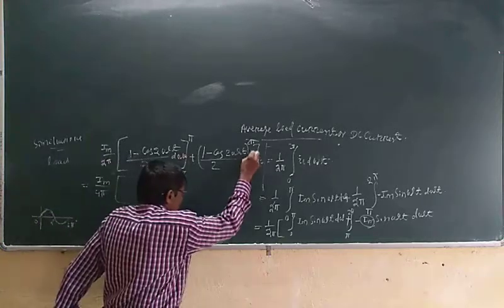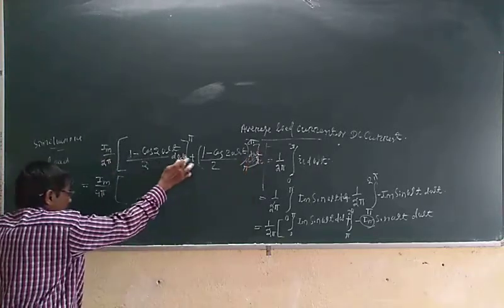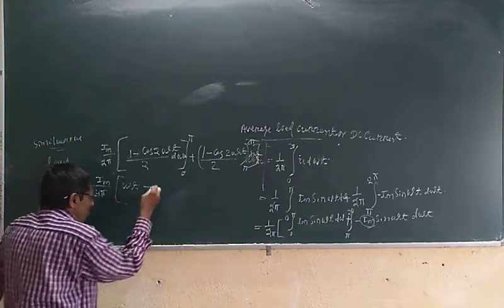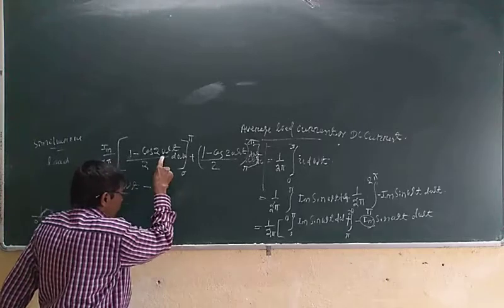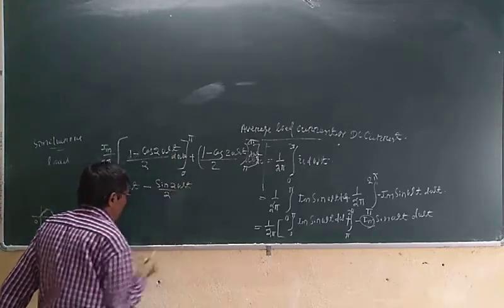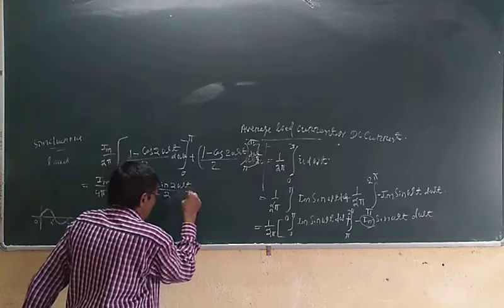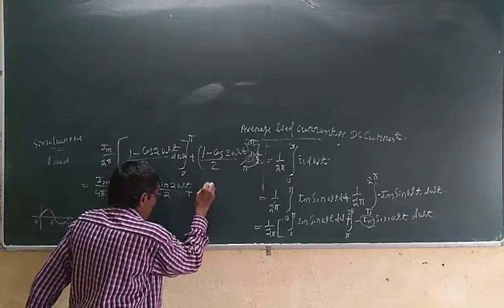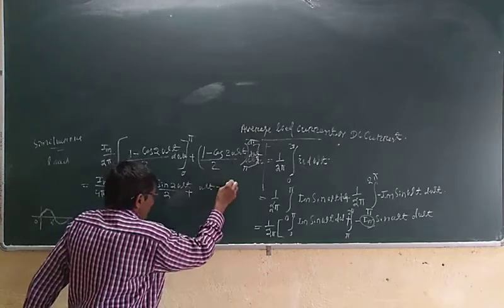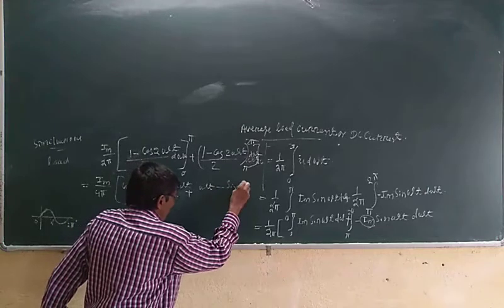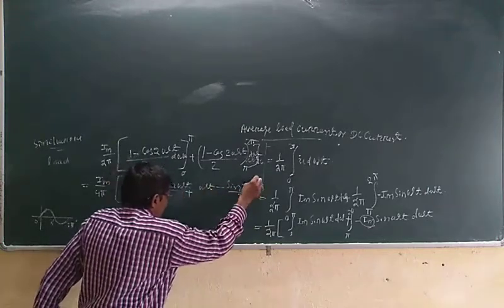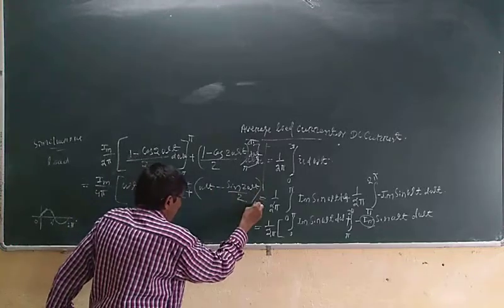Now d omega t is multiplied with 1, that is omega t minus sin 2 omega t by 2, from 0 to pi, plus omega t minus sin 2 omega t divided by 2, from pi to 2 pi.